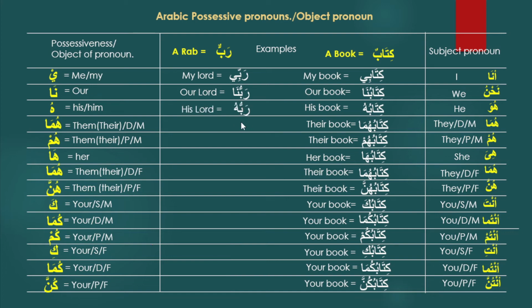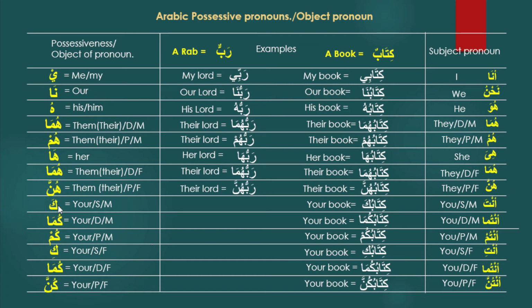Rabbuhu, his Lord. And their Lord, two persons, Rabbuhuma. It will be Rabbuhuma. And for hum, Rabbuhum. For her Rabb, her Lord, it will be Rabbuha. And similarly huma, Rabbuhuma, hunna, Rabbuhunna.